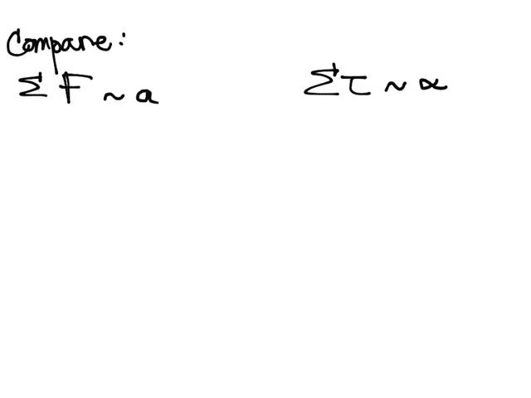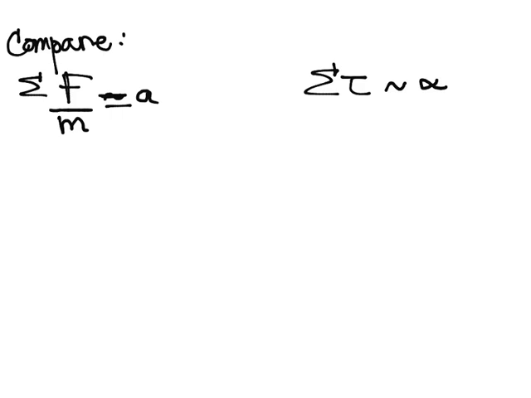And we all know that force is equal to ma, or that your acceleration is your total force divided by the mass. So mass slows the rate of acceleration down.